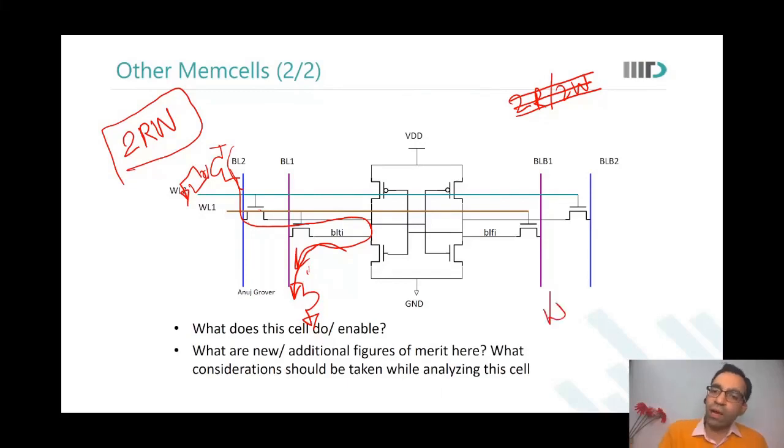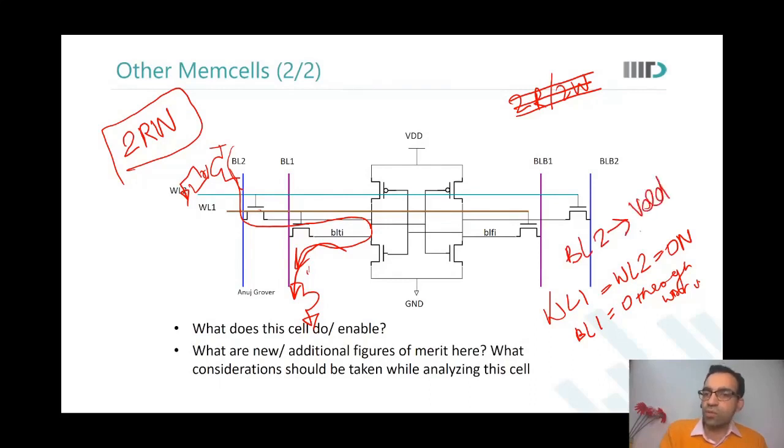So both word line 1 and word line 2 are on, and BL1 is equal to 0 through the write driver, and BL2 is VDD through precharge. Yes. That would be the worst case for the write.